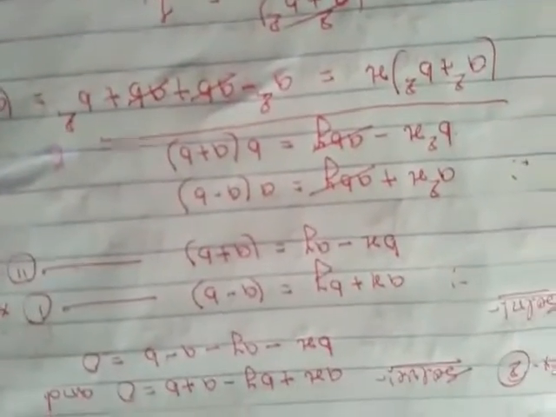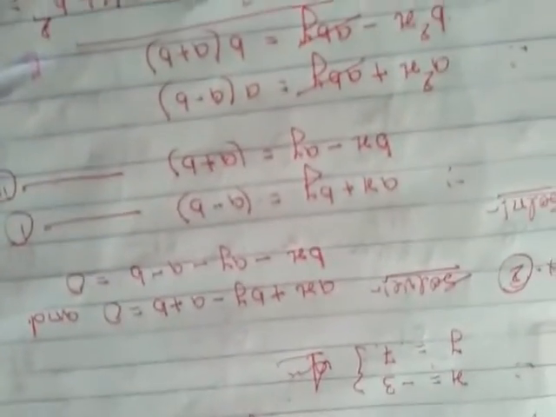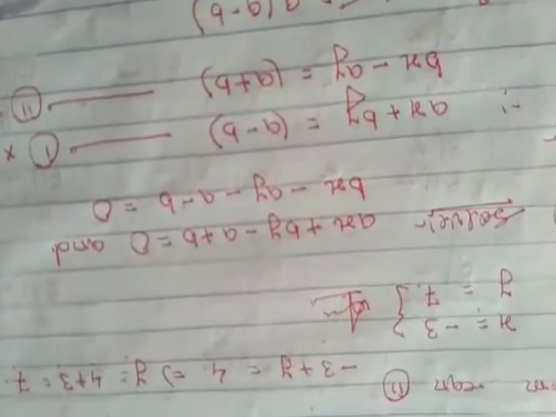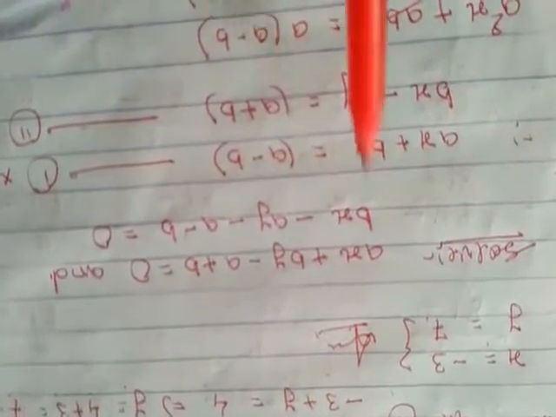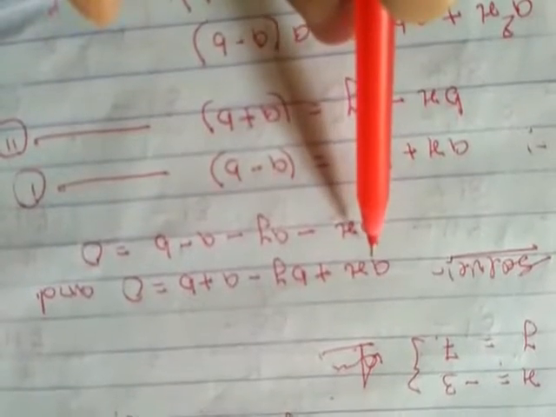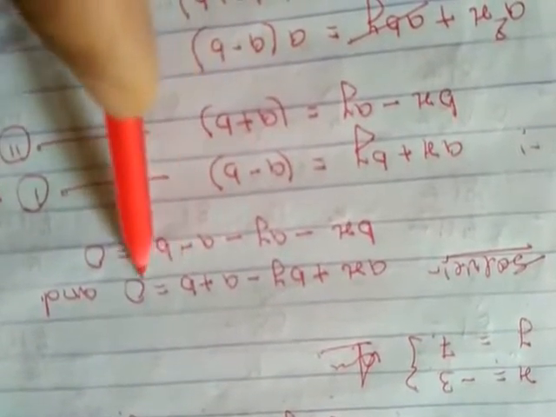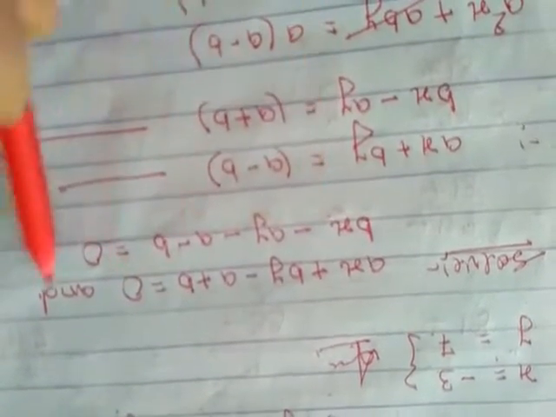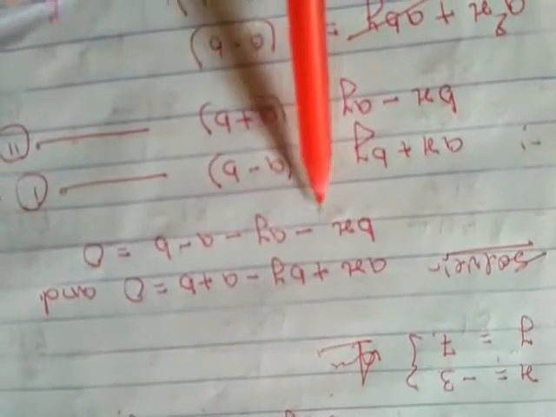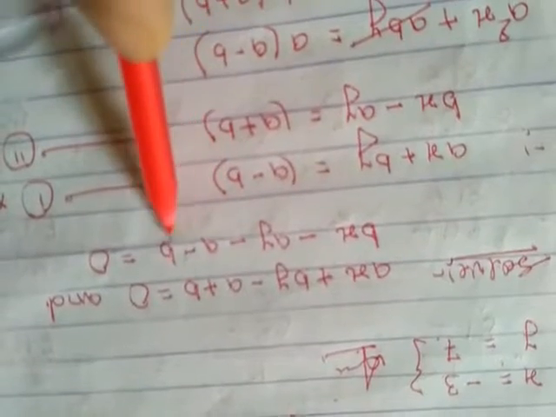Now take another example on the elimination method. The equations are ax plus by minus a plus b equals 0, and the second equation is bx minus ay minus a minus b equals 0. In these equations, we see that there is 0 on the RHS.